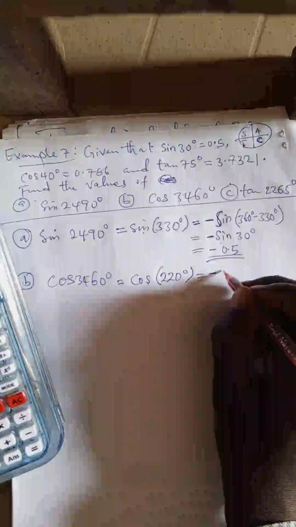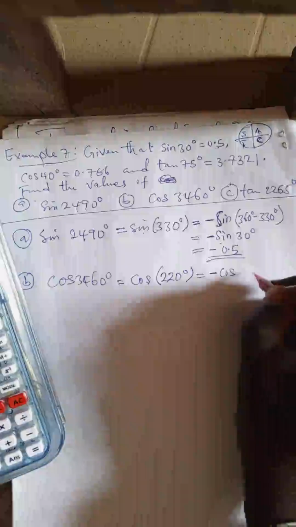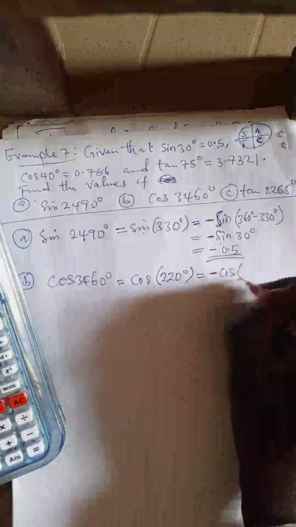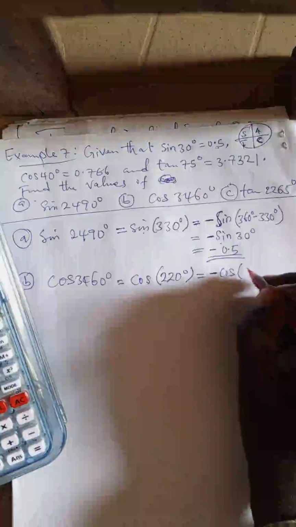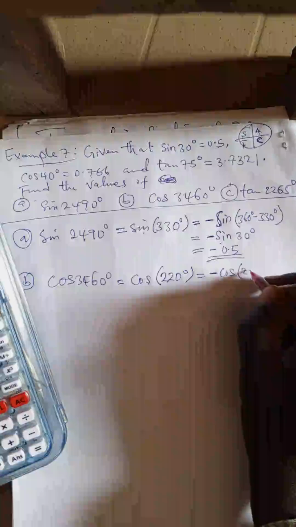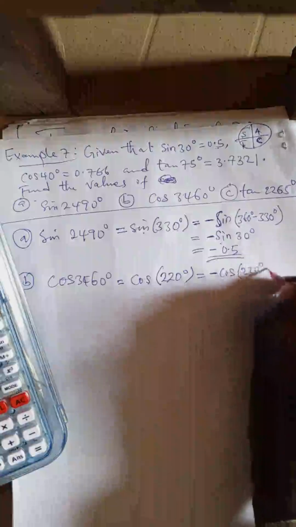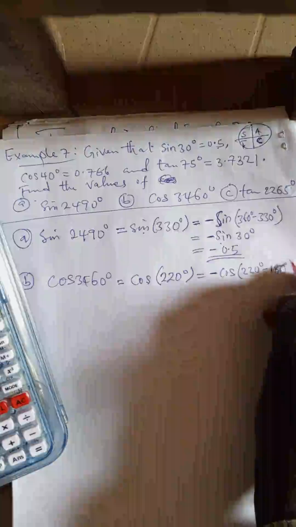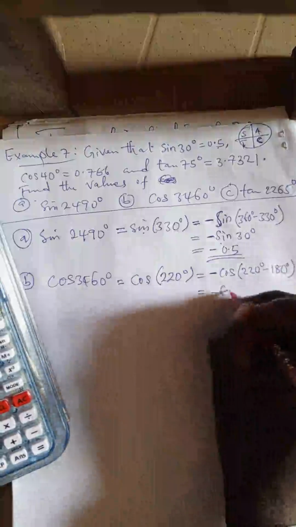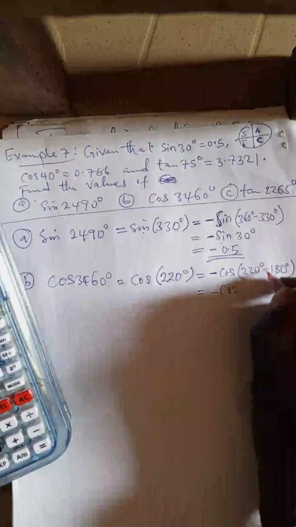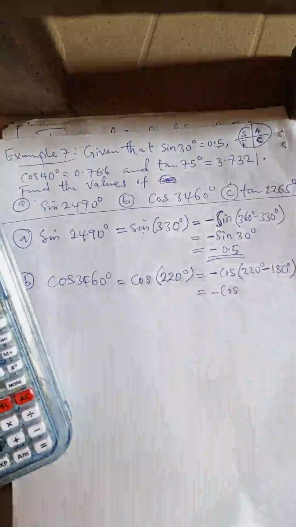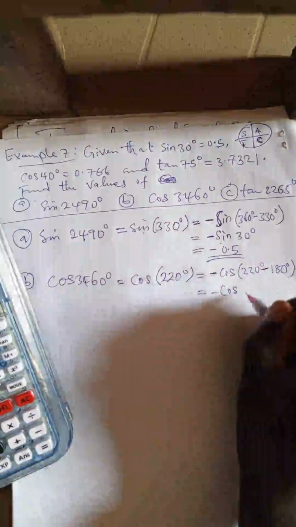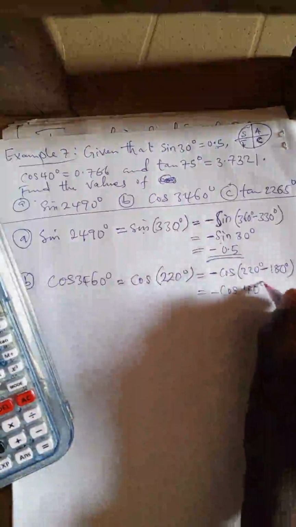And we find the reference angle for 220 degrees. In the third quadrant, it is theta minus 180, so 220 degrees minus 180 degrees. This is equal to minus cos. The reference angle is 220 minus 180, which is 40 degrees.